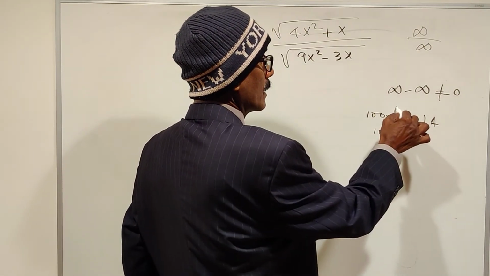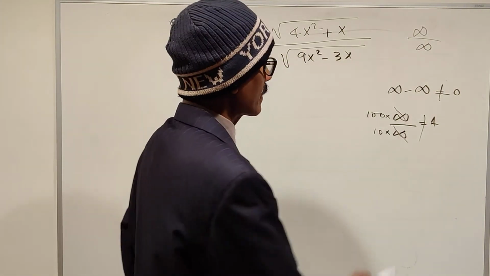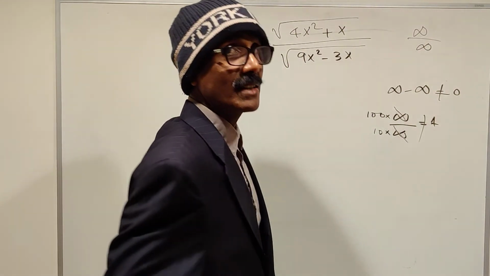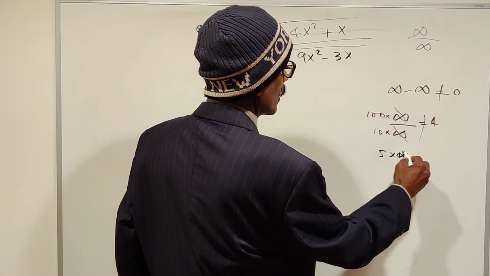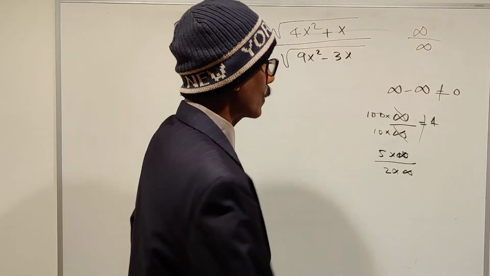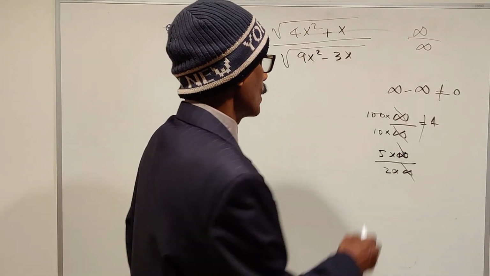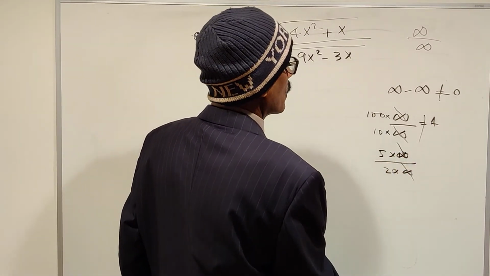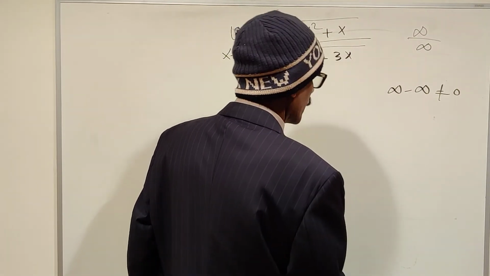If these cancelled, the answer would be 100 by 10, right? 10. 5 times infinite is also infinite, 2 times infinite is also infinite. So infinite cancels, and the answer would be 5 by 2. That is wrong. So infinite by infinite, we cannot calculate the exact value.